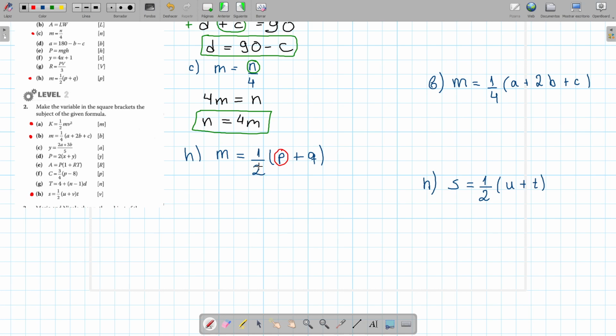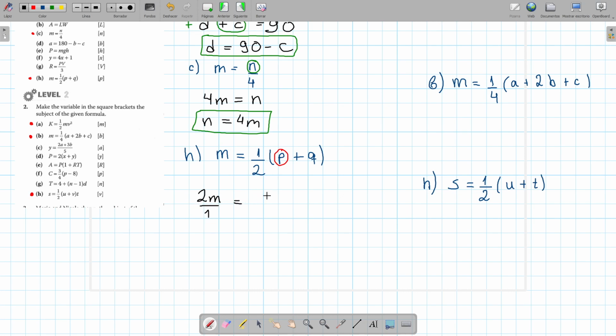This fraction represents a division. So these two will go up and this one will go down. In other words, the two that is dividing will go up multiplying. Remember, that's the opposite operation. So we have 2 times m, and this one will divide.